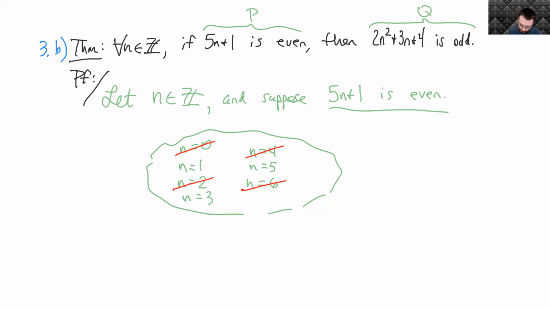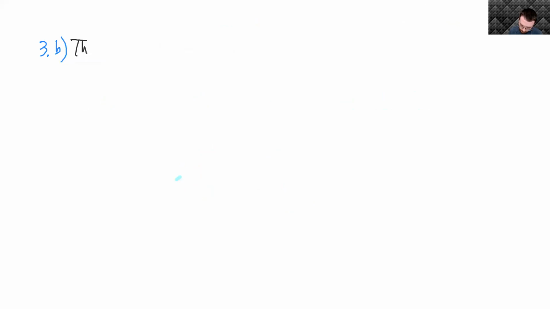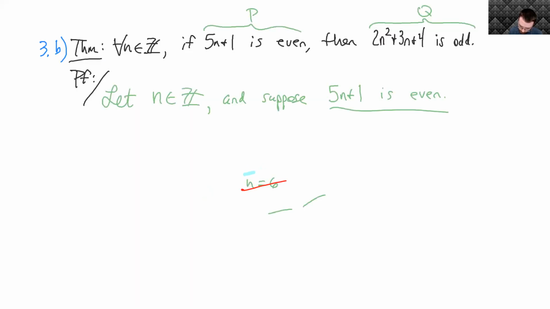Okay, so let's write that down. Technically, we'd have to prove that. What's the best way to write this? Maybe I'll do a mini proof by contradiction. Suppose n is even. That was the bad case. Those were all the things I crossed out.